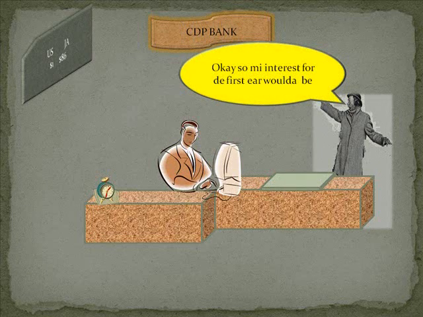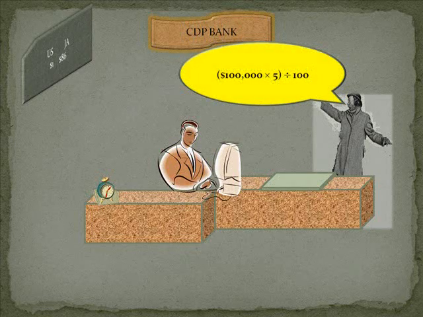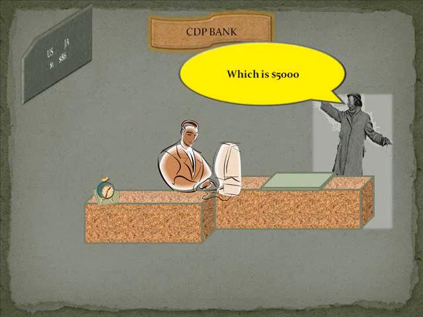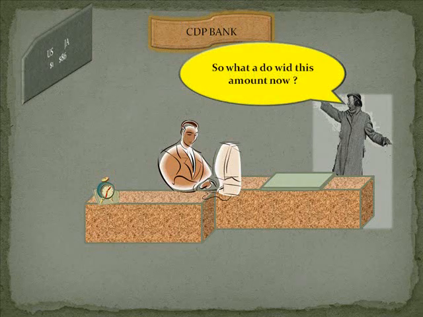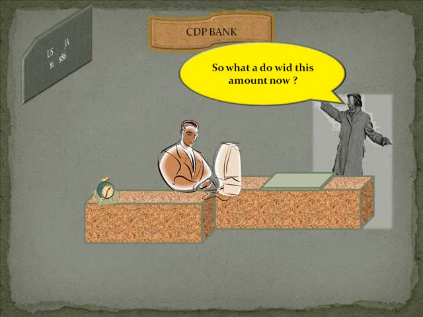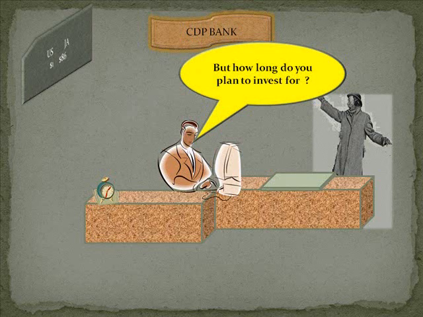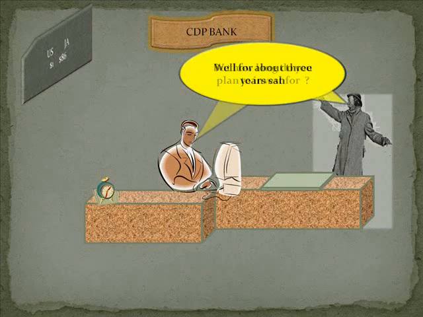Okay, so my interest for the first year would be $100,000 times 5, then I divide that by 100, which is $5,000. So what do I do with this amount now? Well, that amount will be the interest for the first year. But how long do you plan to invest for? Well, for about 3 years, sir.